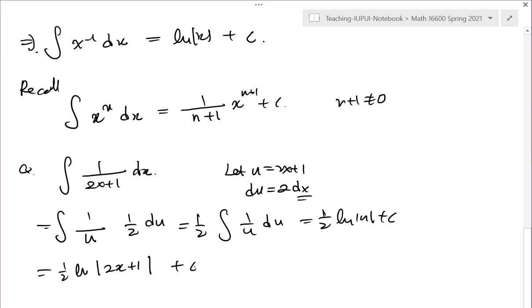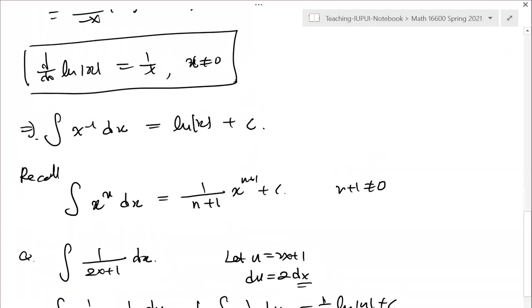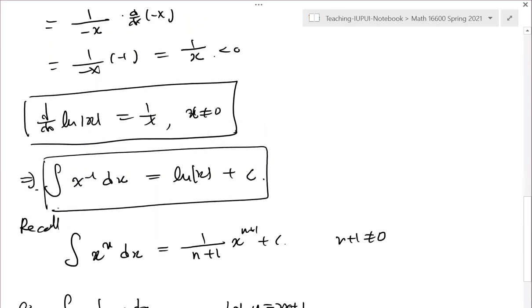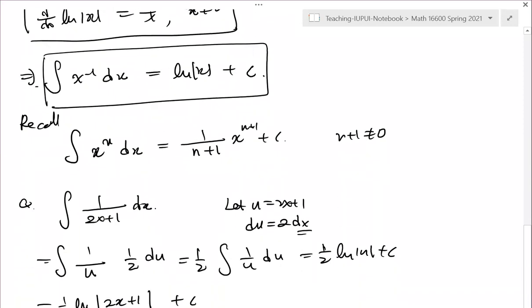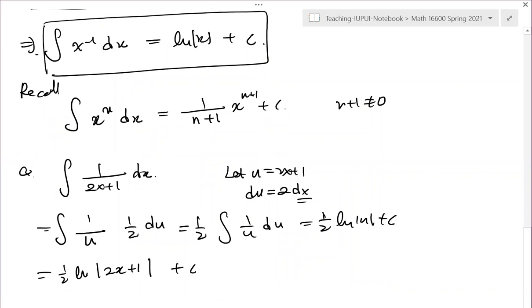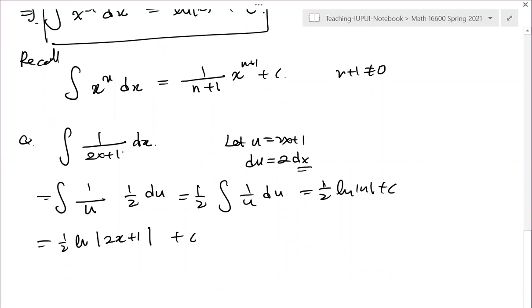Okay. So let's look at this problem again. You will see the function in the integral is 1 over 2x plus 1. So it's pretty similar to the function 1 over x, right? But you cannot apply the formula directly. This is our formula, because the formula says 1 over x times dx, but this one is 1 over 2x plus 1 times dx.